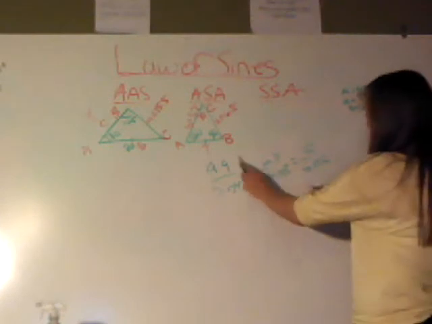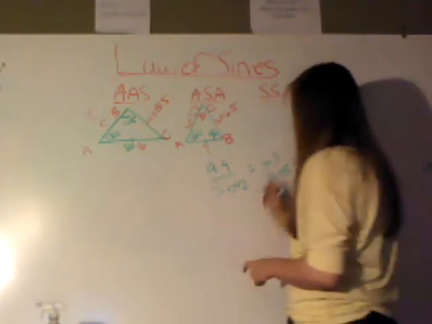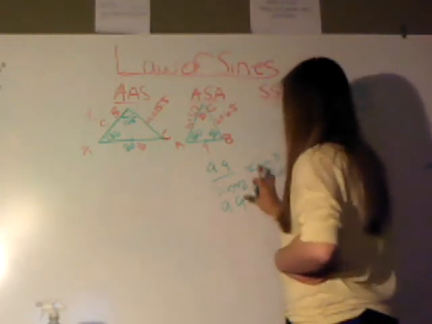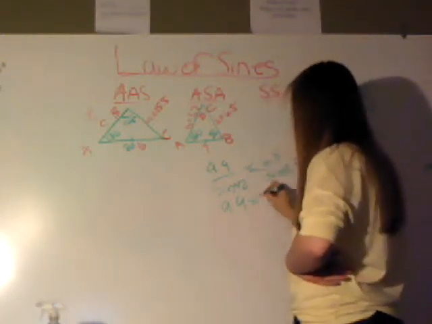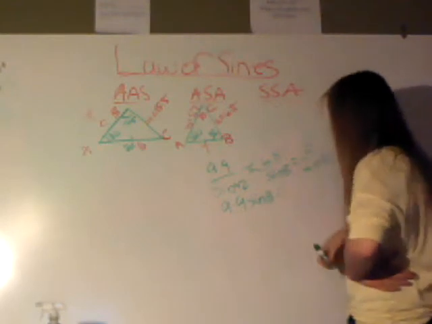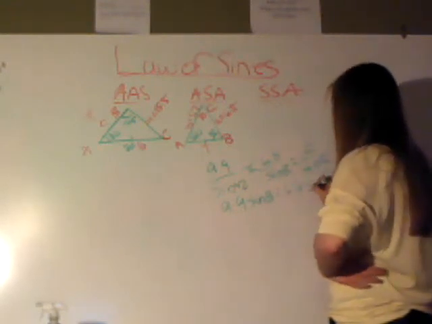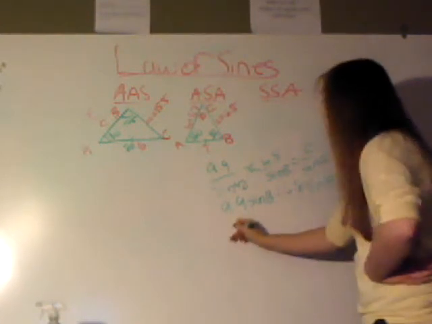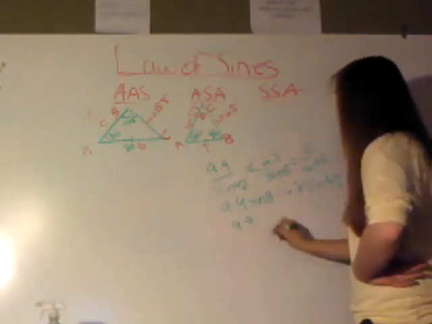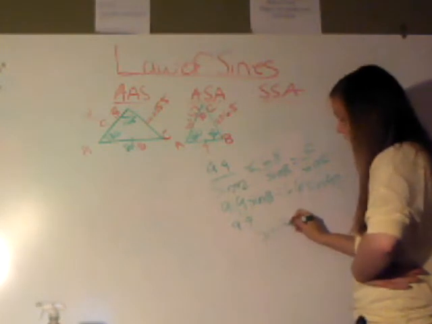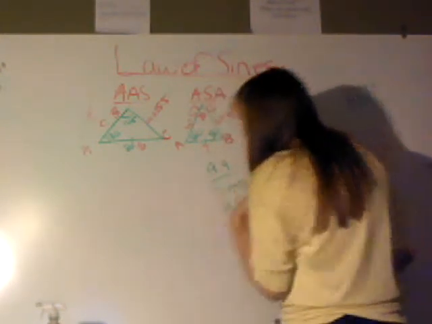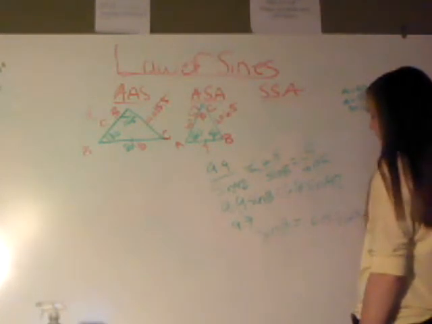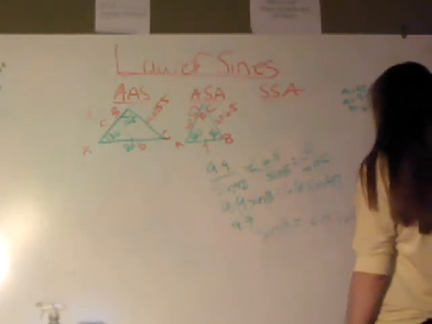So we are going to cross multiply to get angle B. So that's going to be 9.9 sine of B is equal to 6.8 sine of 42. We're going to divide by 9.9 on both sides, and sine of B should be equal to 0.4596048609.